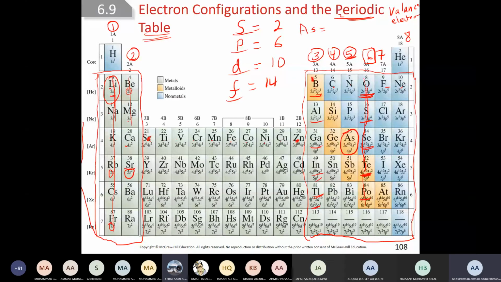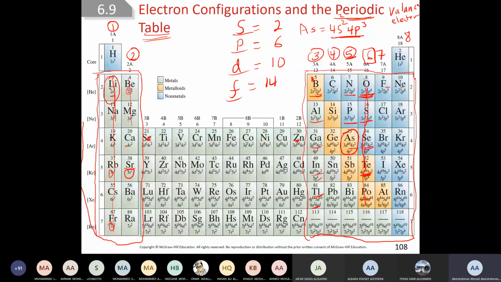Look at this one: 3p, so this must be 4s2, 4p3. See, I already wrote the last orbitals of As without writing the full structure. Is this clear?